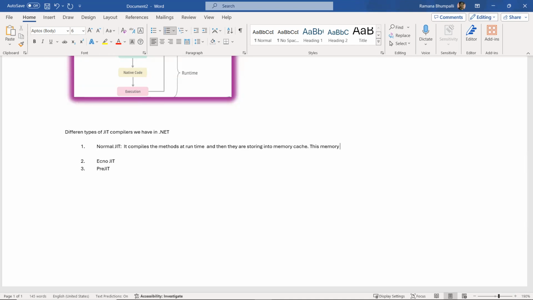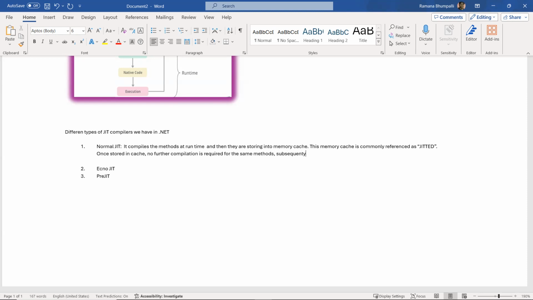This memory cache is commonly referred to as JITed. Once stored in cache, no further compilation is required for the same methods.